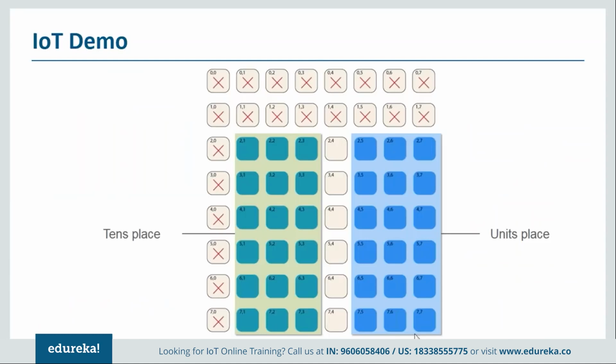This was the remaining area, and I've divided it into two parts, with a gap of one column between them. The left-hand side is going to represent the temperature, or the value in the tens place, and the right-hand side is going to give me the value in the ones place. So this is a 3x5 matrix wherein I have 15 positions to play around with. Remember this number: 15 areas that I can play around with in a 3x5 matrix.